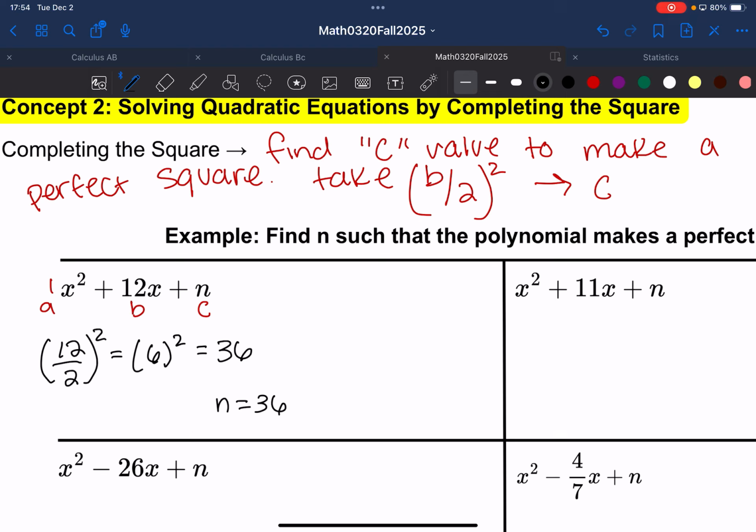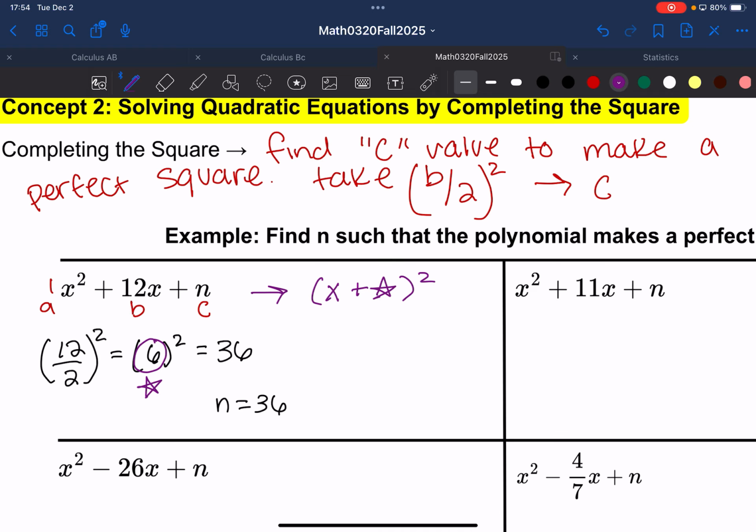So since we know our goal is to get a perfect square, what we would do in order to write this factor is, let's call this value right here star, right? It's always going to be x plus star squared.